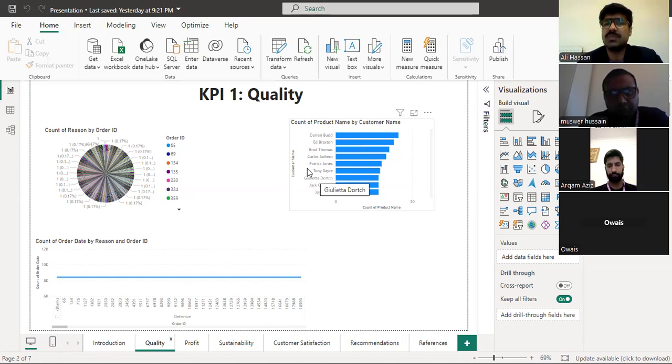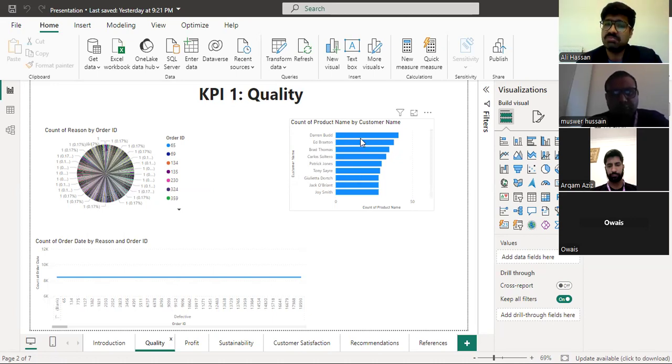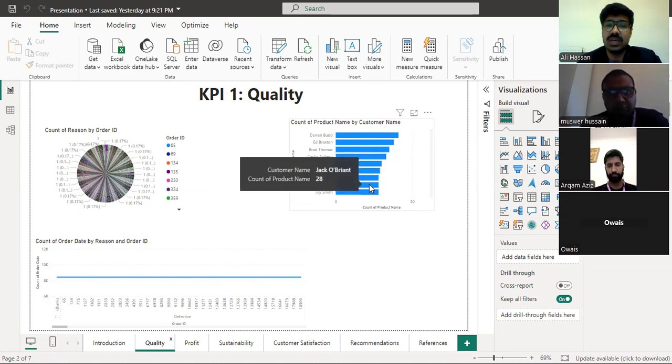These names being mentioned suggests individual customer data is being analyzed. The length of each bar correlates to the count of product names, providing a visual representation of data distribution among customers.